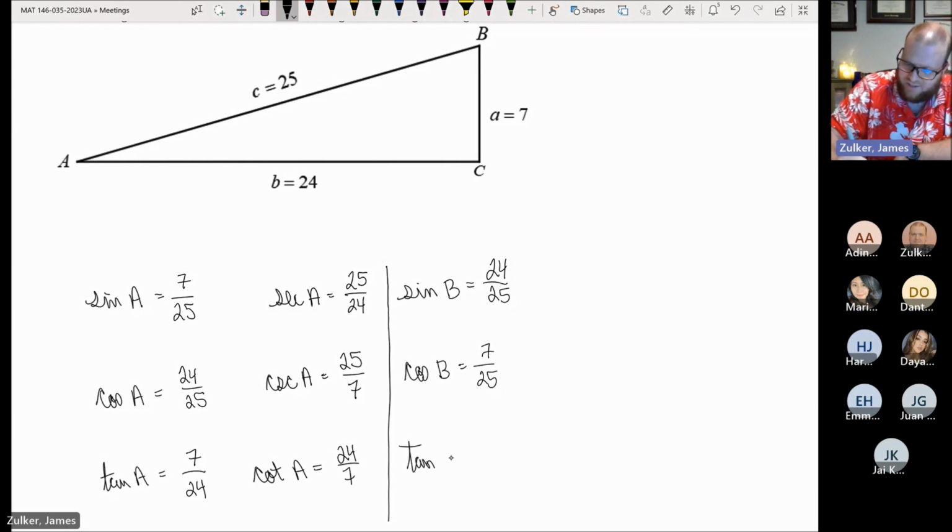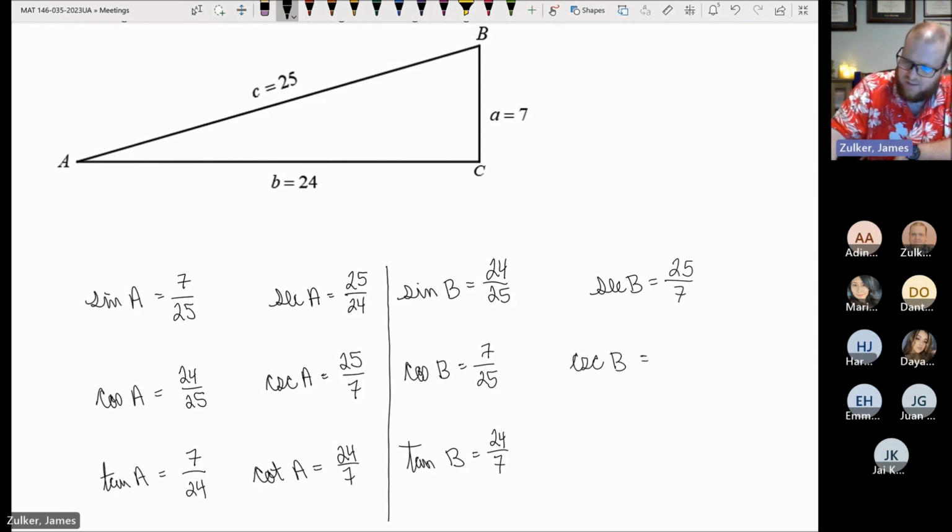And then tangent, opposite over adjacent. Secant, hypotenuse over adjacent.